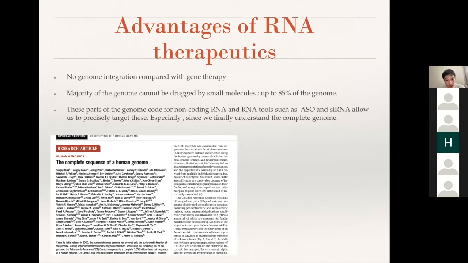Then there is the idea that there are only so much we can drug right now. It's very hard for us to use small molecules to directly drug the majority of the genome, as they don't code for protein and stay as non-coding RNA.